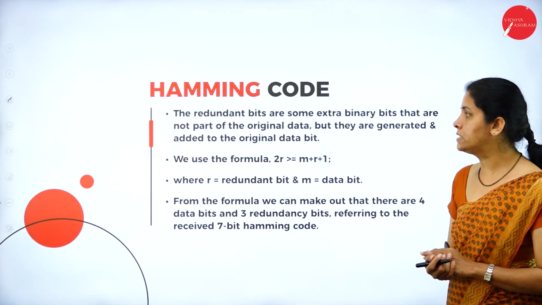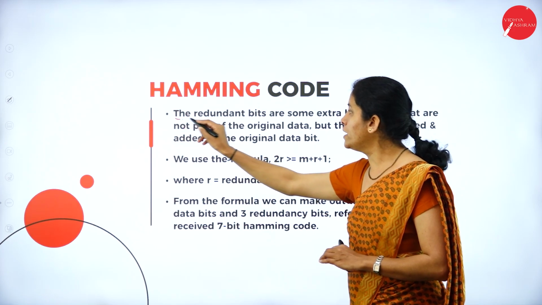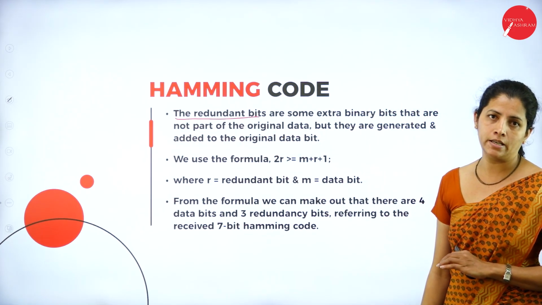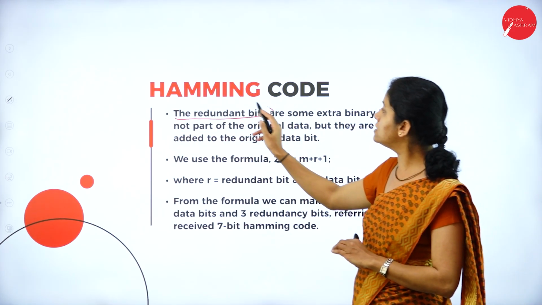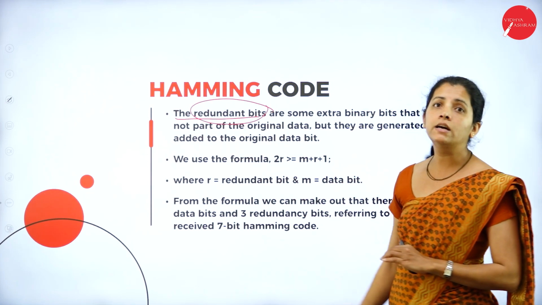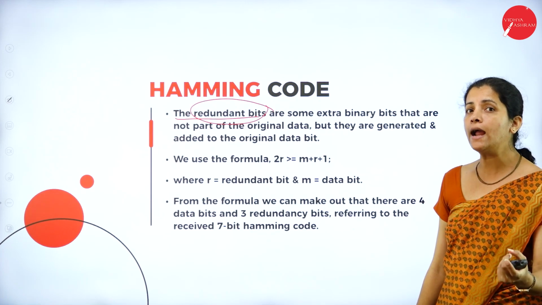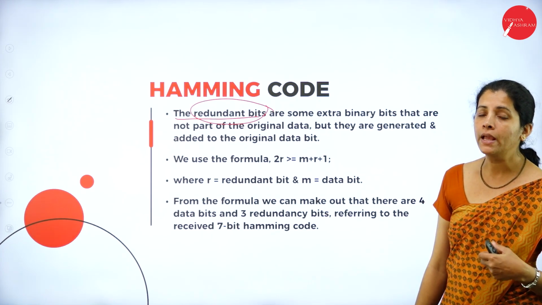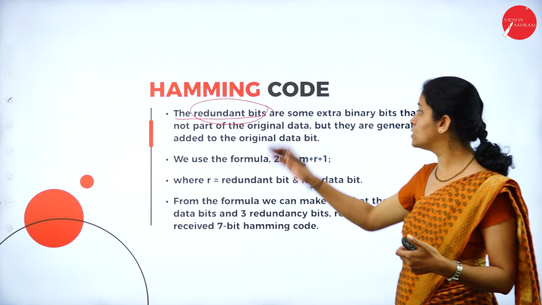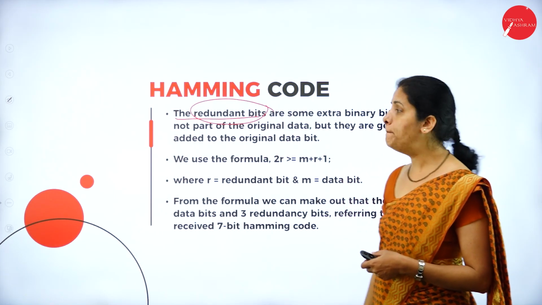According to this technique, we are going to have redundant bits. So dear student, what is a redundant bit? It's an extra bit. Whatever the data bit we have, for that we are going to append the extra bit, and that is known as redundant bit.